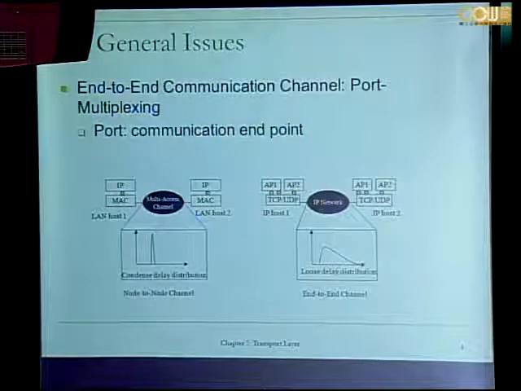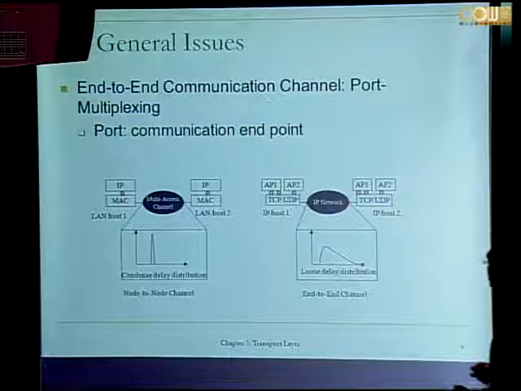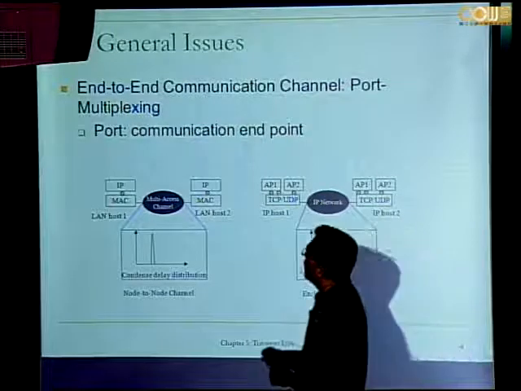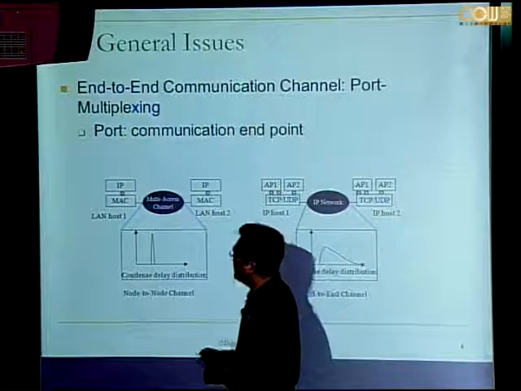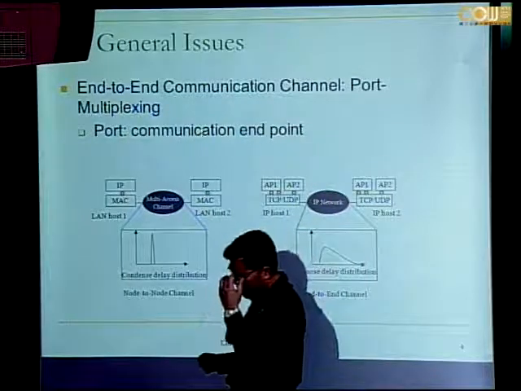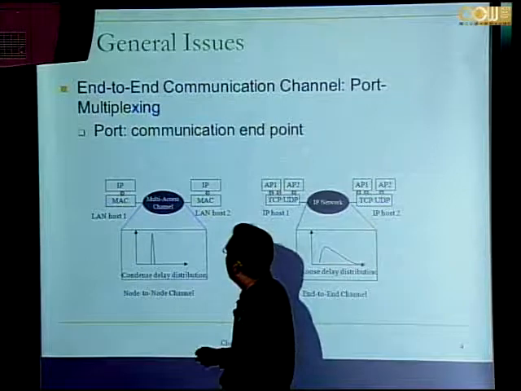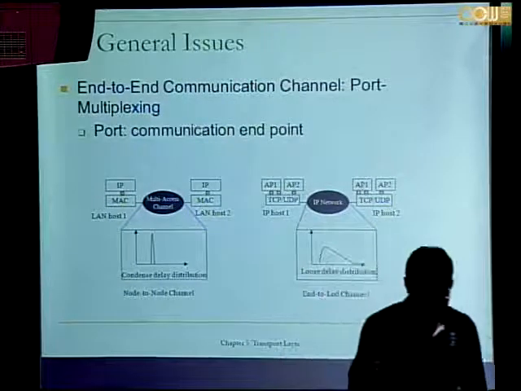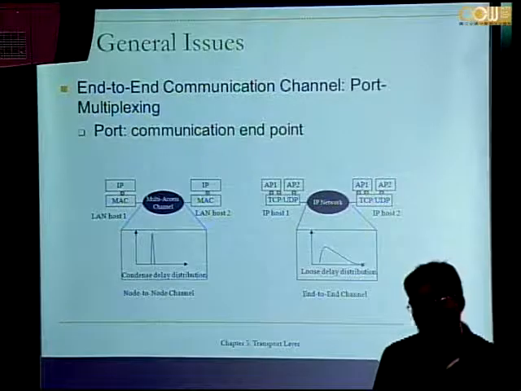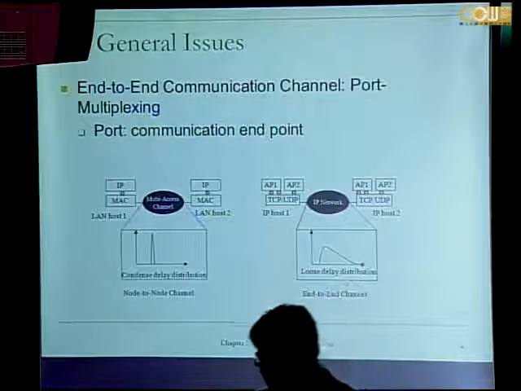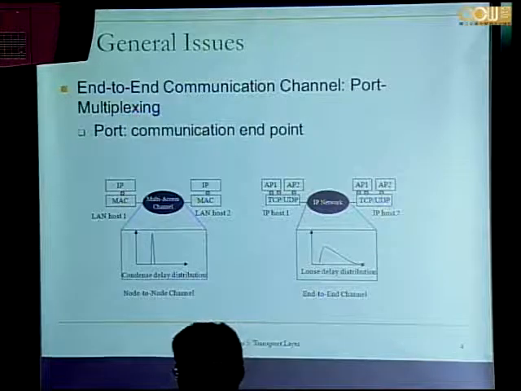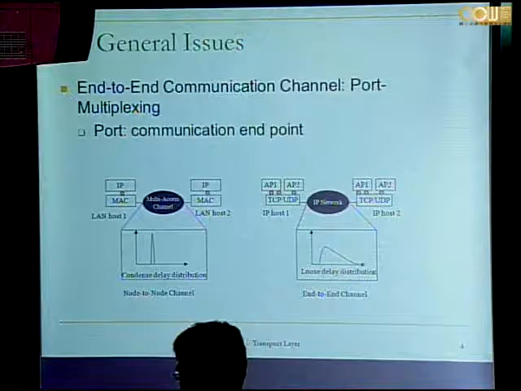So the addressing, and for error control, we have talked about that in chapter 1 and also chapter 3. For error control, with the end-to-end argument, we understand that the link layer error control cannot solve the problem ultimately.